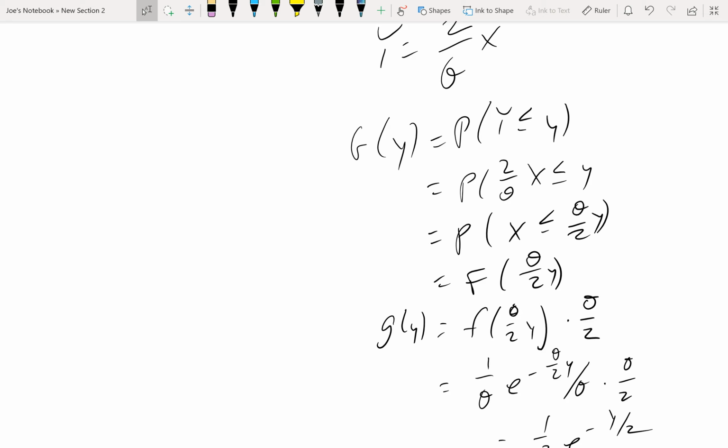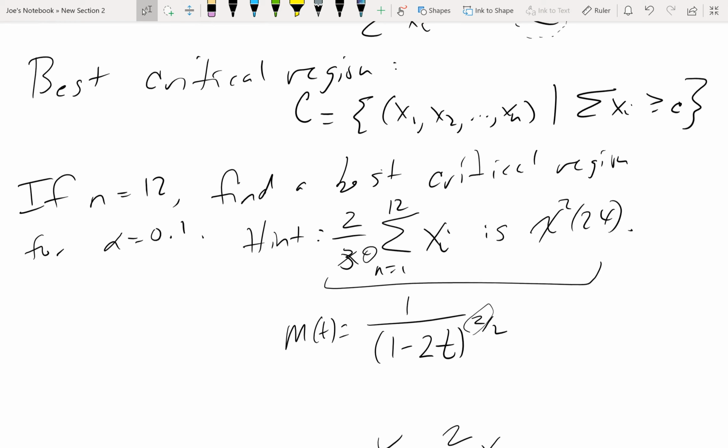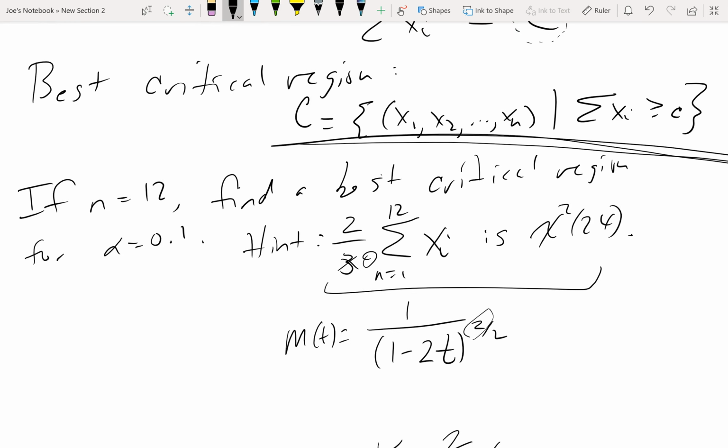Well, if we go to our chi-squared table, we want a right tail because this was our critical region. This is our best critical region, right? We want a right tail that has alpha equal to 0.1.